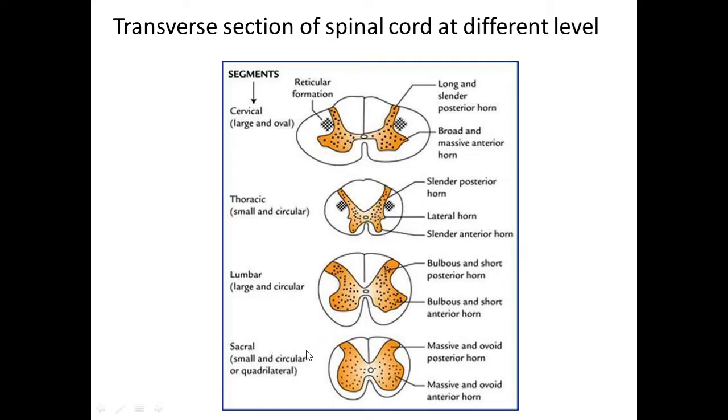And at the sacral segment, the cross section is small and circular or quadrilateral. The posterior horn is massive and ovoid, and the anterior horn is also massive and ovoid, but it is larger as compared to the posterior horn. So these are the differences at cervical, thoracic, lumbar and sacral levels.